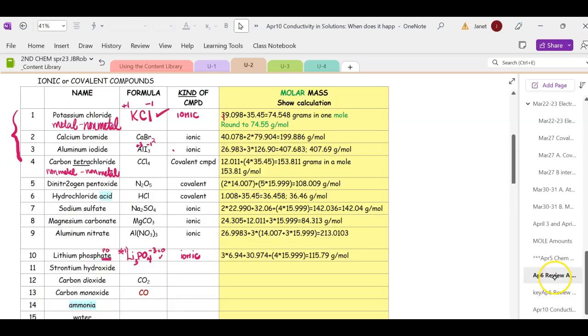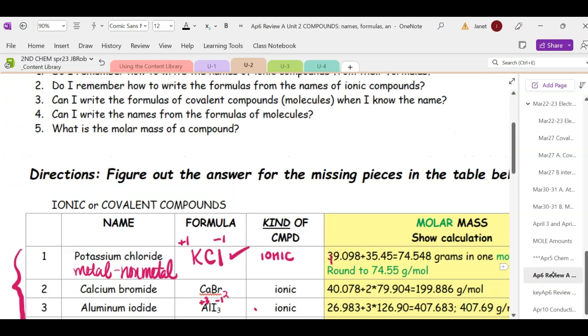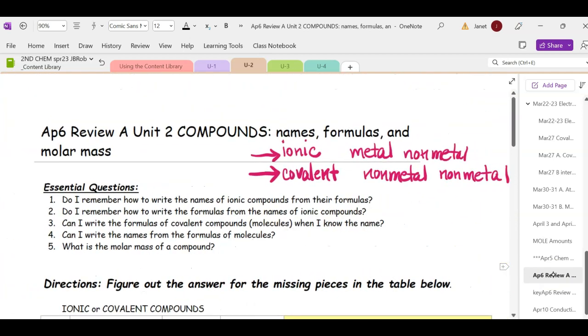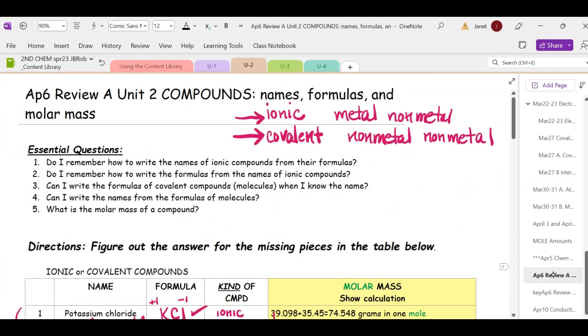All right, review A was when you went through and you were looking for ionic compounds that are metals bonded with a nonmetal, and then covalent compounds, which are nonmetals bonded to another nonmetal.